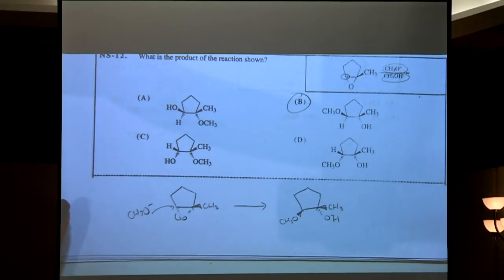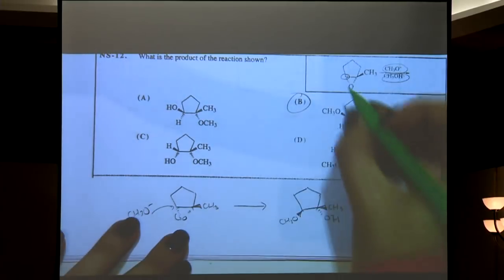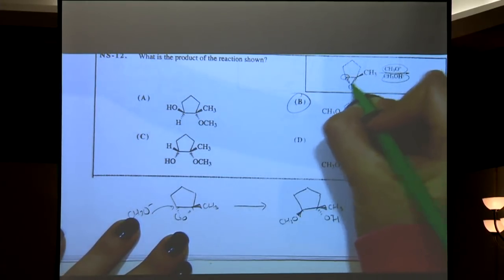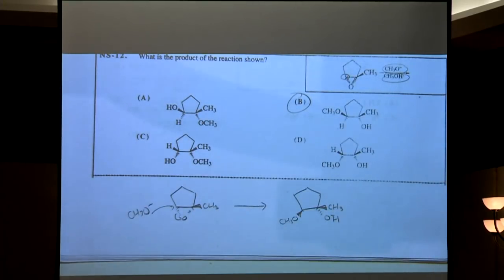That's why we're going from a dash to a wedge. So that's pretty much what's happening. If this was on a wedge instead, then whatever you're attaching should end up on a dash. Any other questions?